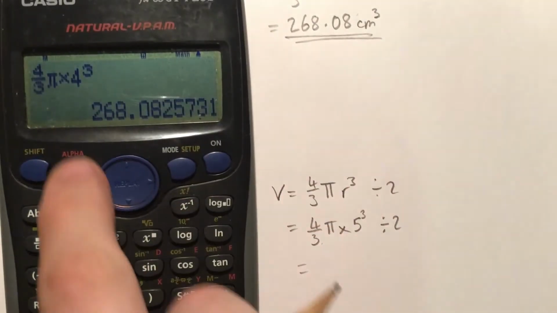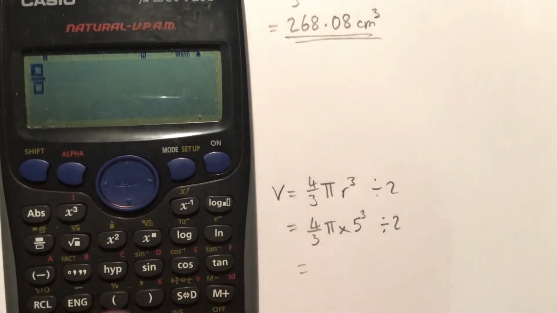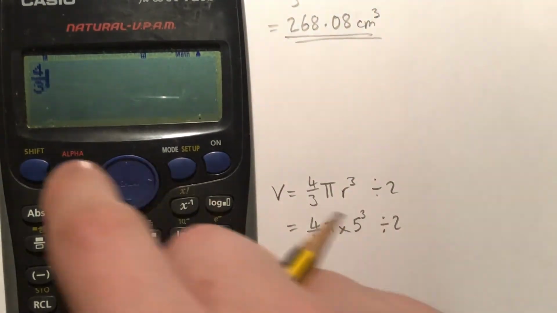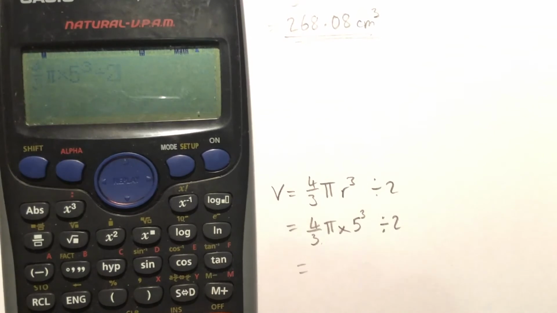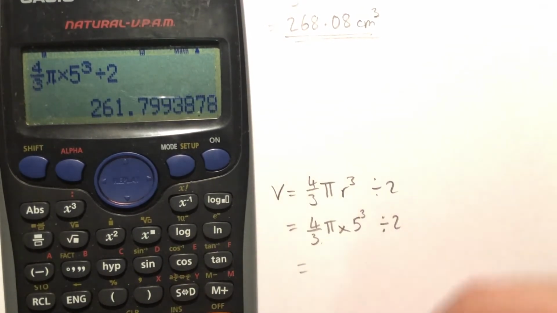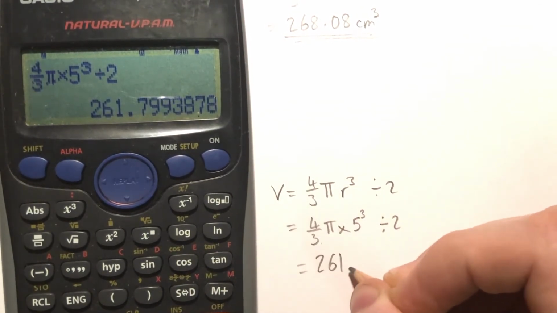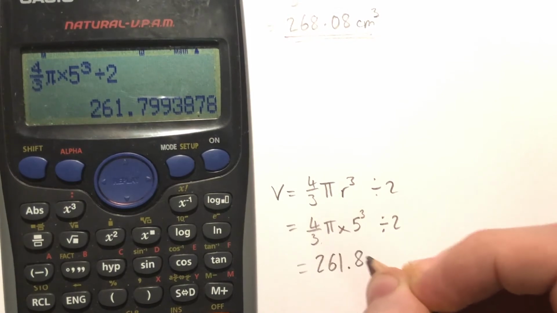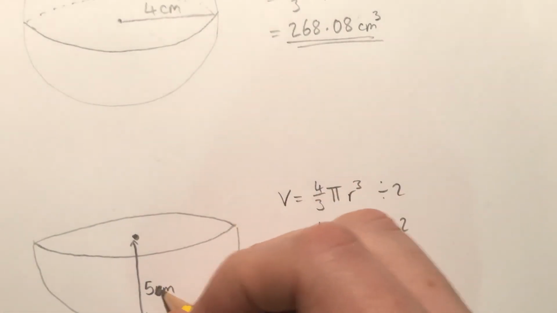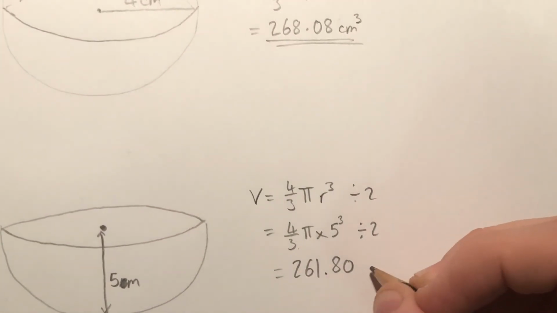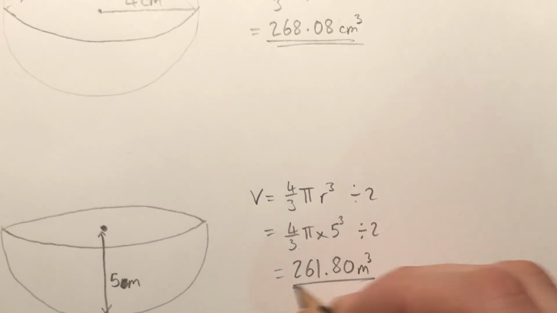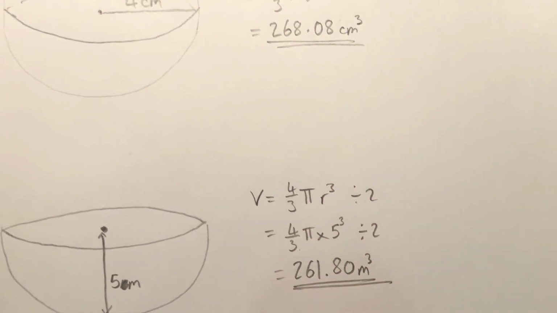So we've got that one there, 4/3 pi times 5 cubed, divided by 2, gives us in that form 261.80. Do you know what? Let's make that metres. So our answer is metres cubed. Okay? Very, very straightforward to do.